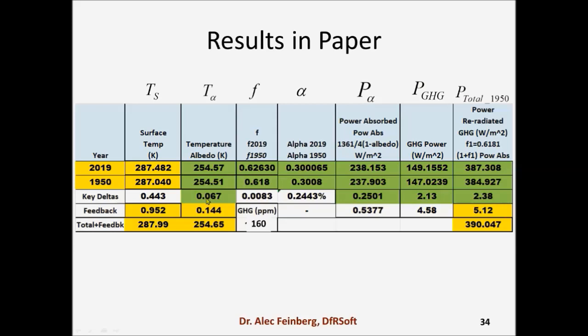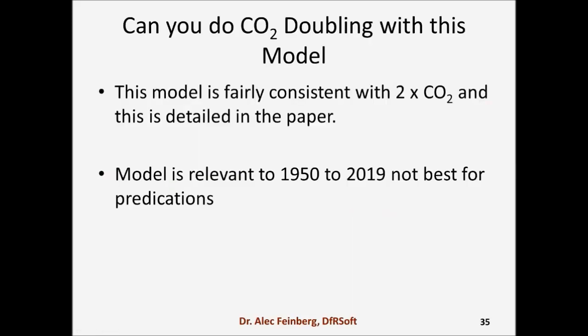And notice the temperature rise between 1950 and 2019 is about 0.44, and then feedback doubles that, so we got up to about 1 degree rise. Similarly here, the watts per meter squared is about 2.38, and the feedback increases that to 5. We end up with about 390 warming the planet. Okay, so that's by way of summary on that.